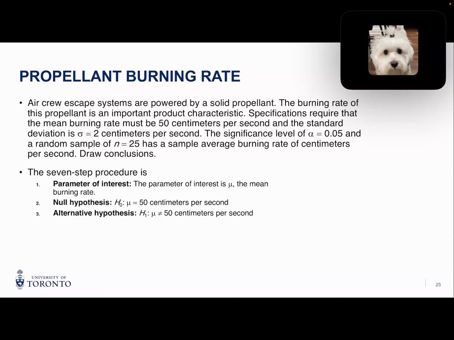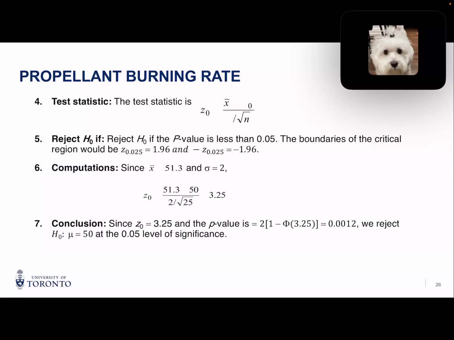Our alternative hypothesis is... Our test statistic is Z, right? It's a normal distribution. We know the variance of our population. We're going to reject it if the p-value is less than 0.05.